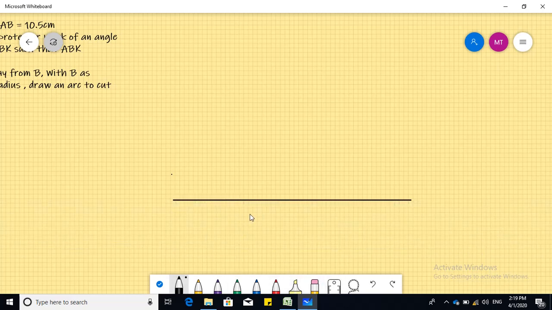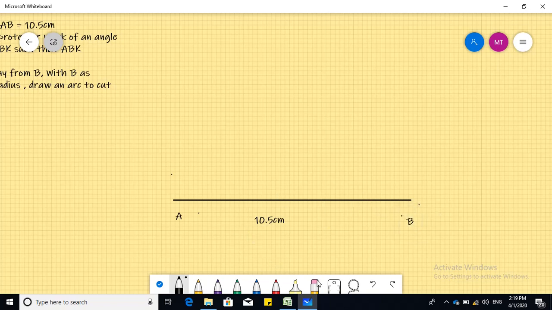This is 10.5 centimeters, and you have to mention the edges also. This is point A and this is point B.